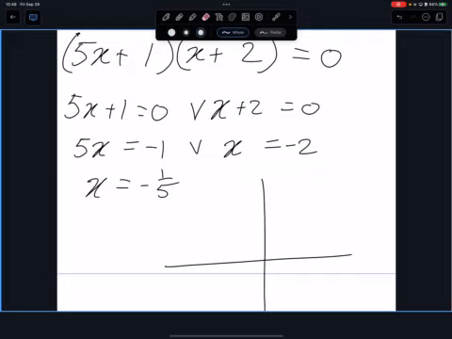At minus a fifth and minus 2. So when they say sketch, which happens quite often, done. That's it. You don't even have to draw tables, because you already know the roots.